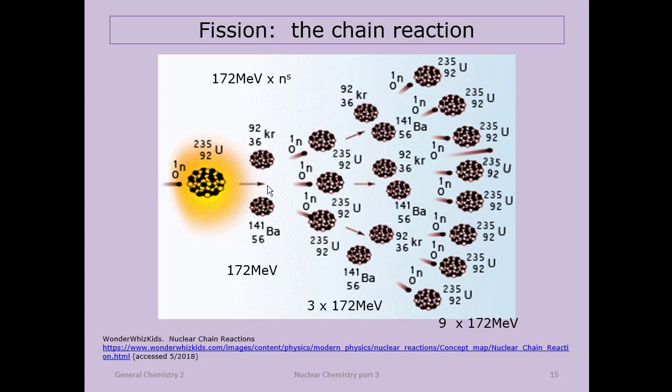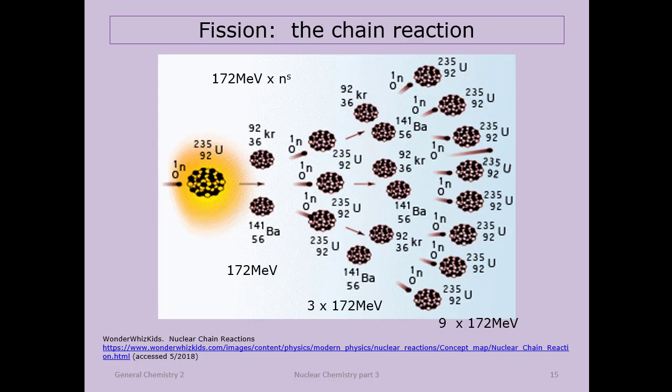So in essence, you could come up with an equation that said, if you get this much energy per fission event, 172 mega electron volts, you take it times n, which would be how many neutrons come off, that would be 3, and you can raise it to the power of the number of steps that you're going to do.